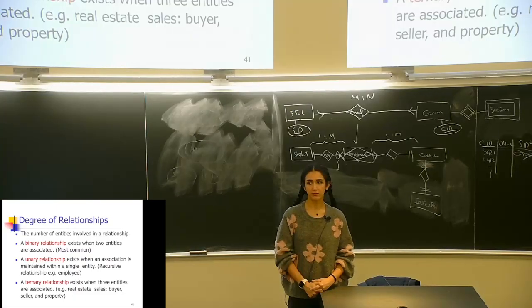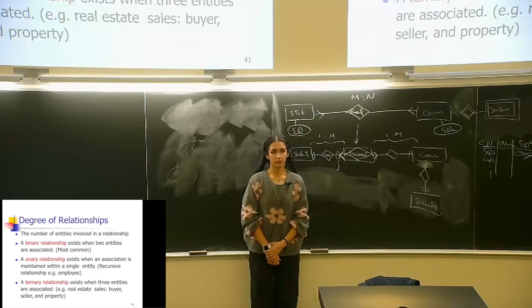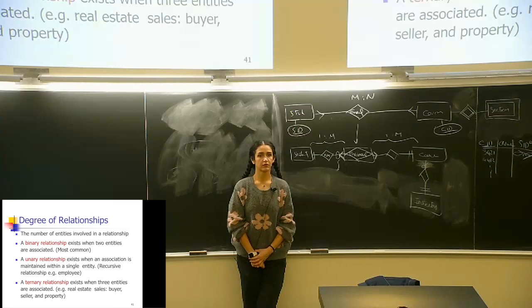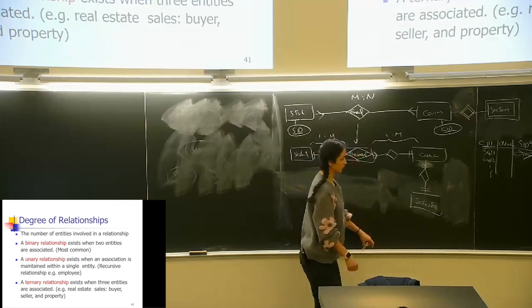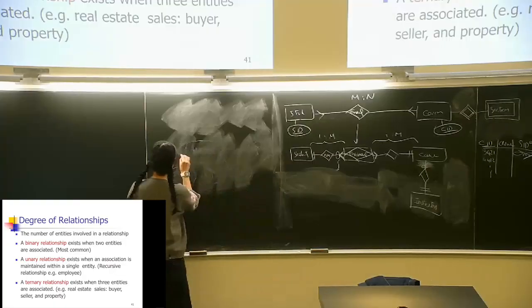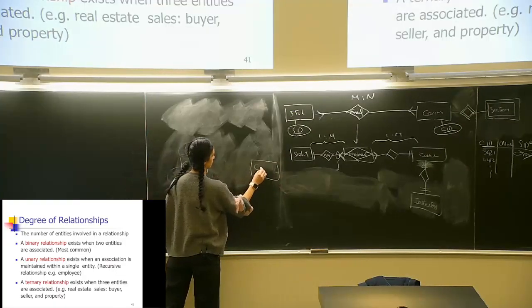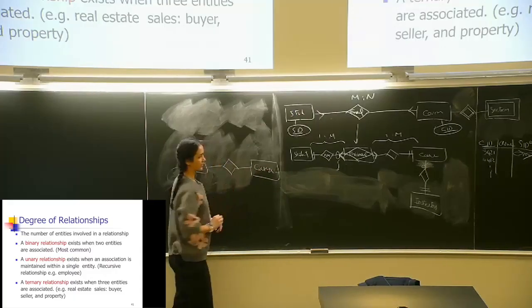Unary, binary, ternary? Yeah, binary. Binary means between two entities. So between what and what? A relationship between some courses and other courses. So like this. Because this is a binary relationship.